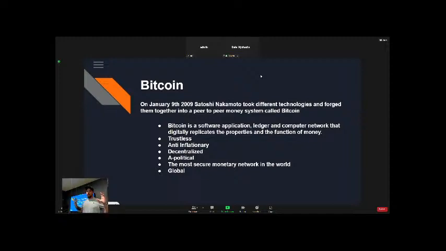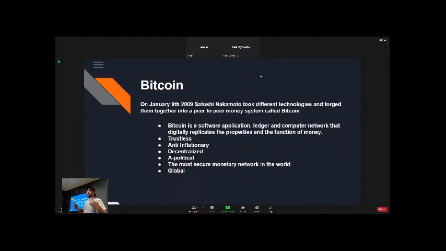Bitcoin was the first real cryptocurrency that worked because it solved the double spend problem, and that's what's important. There were previous online currencies, or internet tokens, but what they weren't able to do was solve this double spend problem, which Satoshi was able to do with the combination of all these really cool technologies.